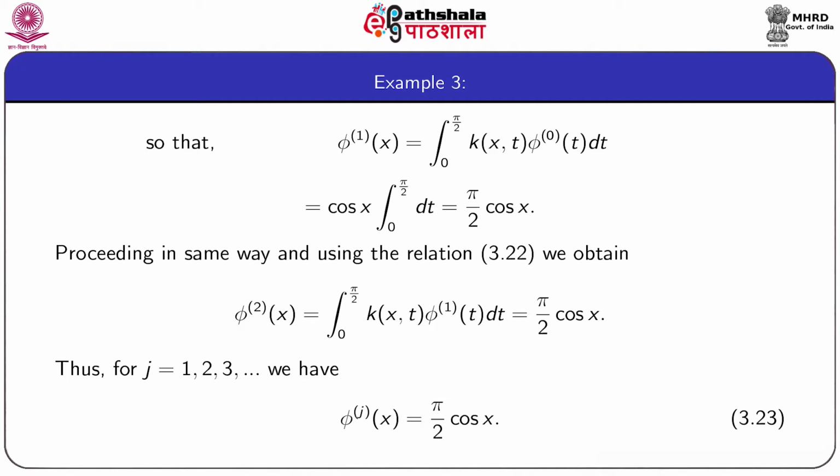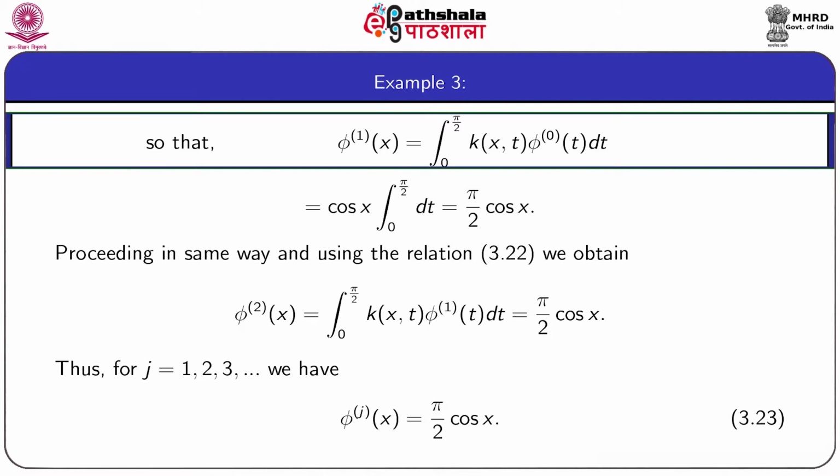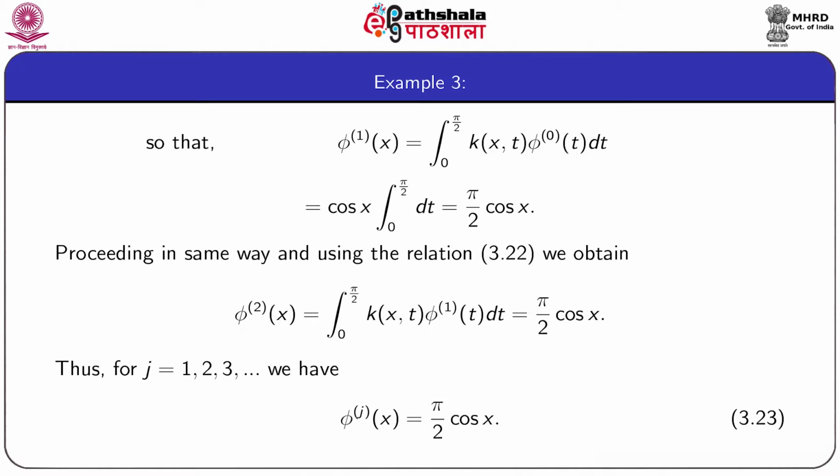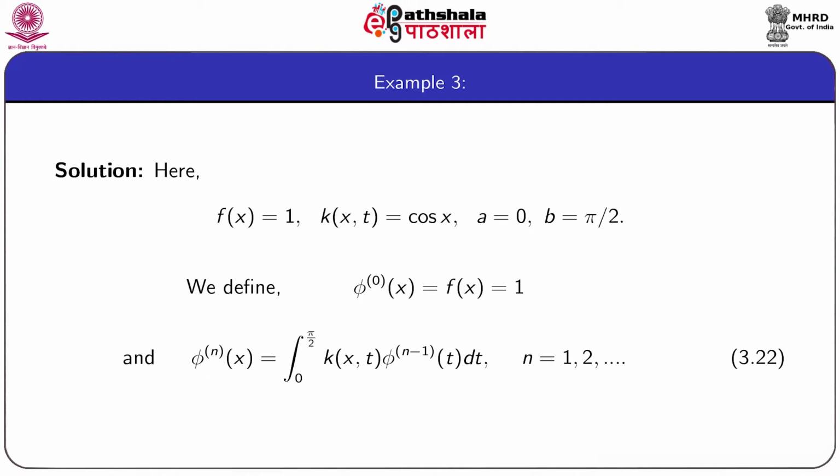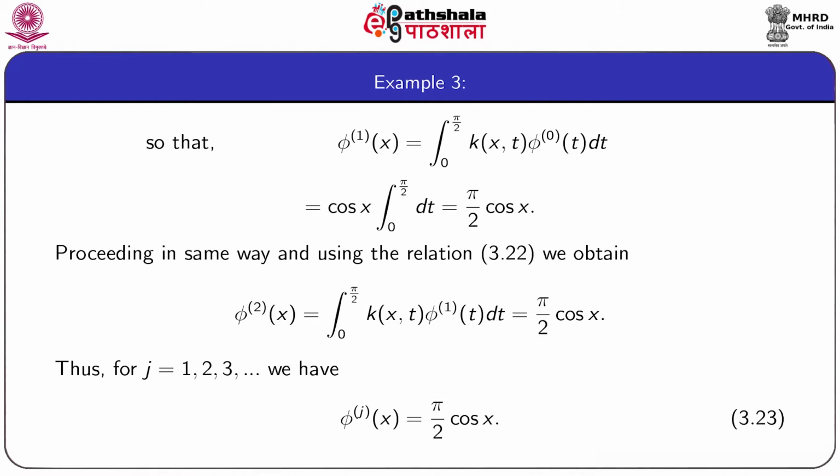So that we obtain phi superscript 1 x as integral 0 to pi by 2 k x t phi superscript naught t dt. Here k x t is cos x and phi superscript naught x, as assumed by us, is equal to f x, and that is given by 1. So, if I substitute all these, then I get phi superscript 1 x equal to pi by 2 cos x.